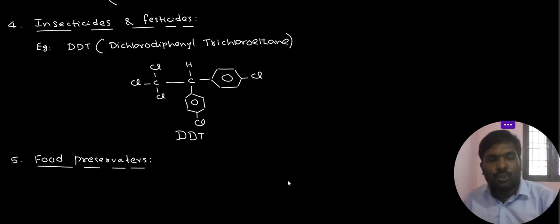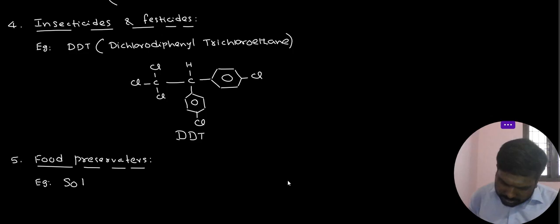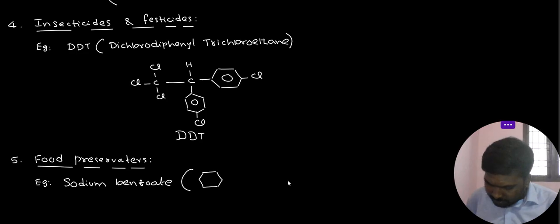These chemicals are used to keep the food for a long time without destroying it. Now, the best food preservative, sodium benzoate, and its structure. This is the best food preservative.